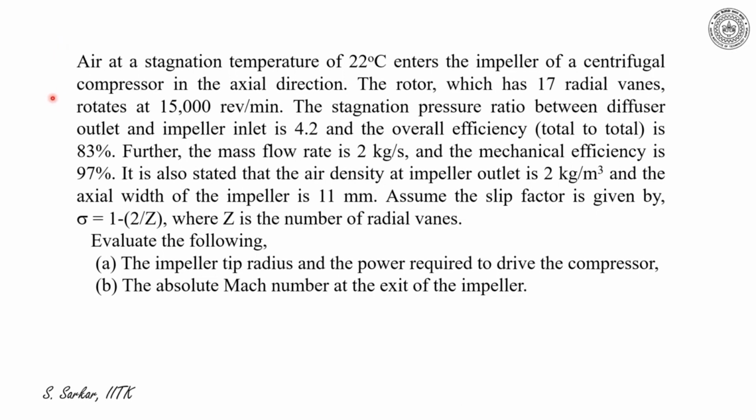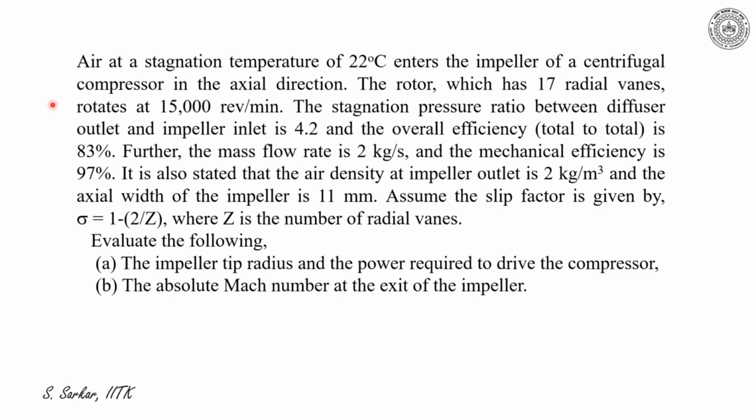The stagnation pressure ratio between the diffuser outlet and the impeller inlet is 4.2, and the overall efficiency total to total is 83%. Further, the mass flow rate is 2 kg per second and the mechanical efficiency is 97%.